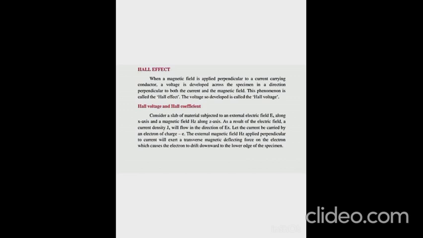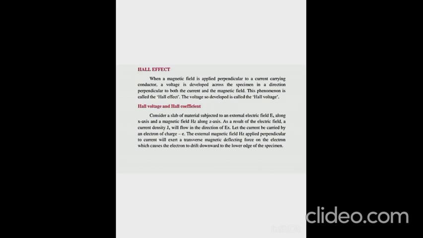Hall voltage and Hall coefficient. Consider a slab of material subjected to an external electric field Ex along the x-axis and a magnetic field Hz along the z-axis. As a result of the electric field, a current density Jx will flow in the direction of Ex. Let the current be carried by an electron of charge minus e.